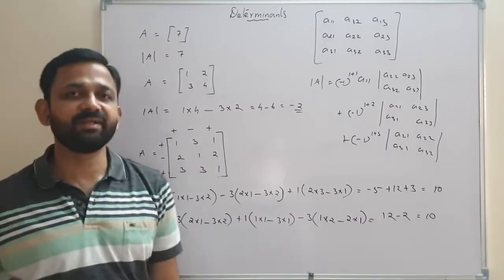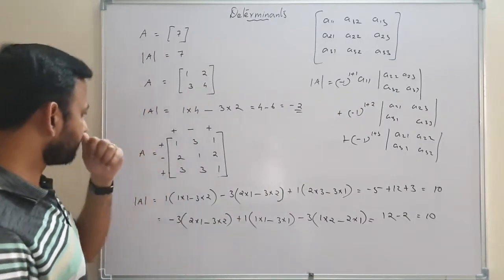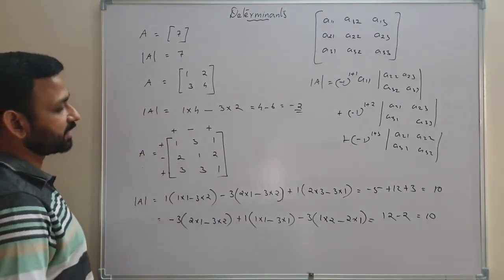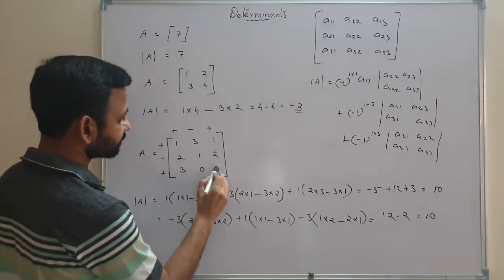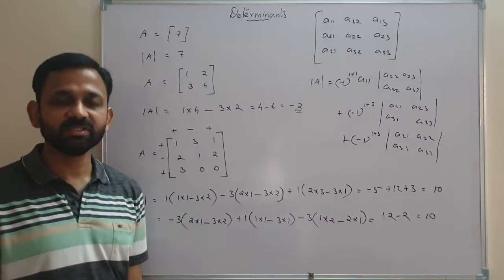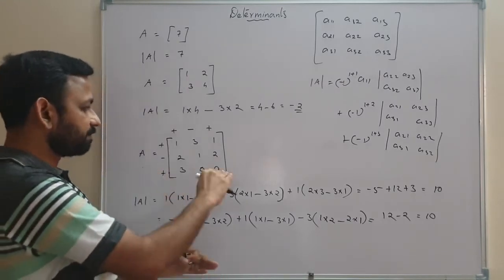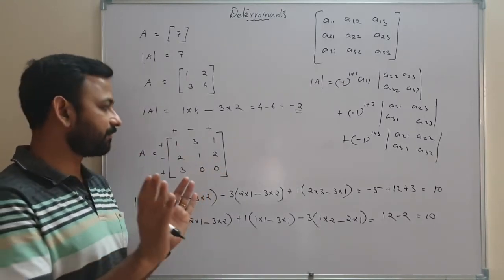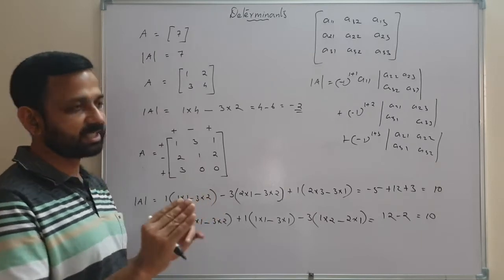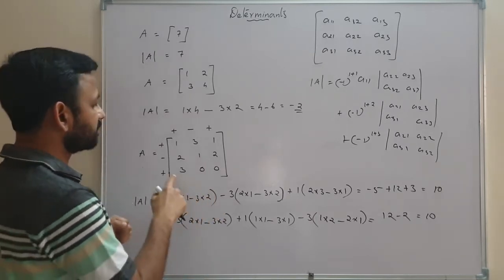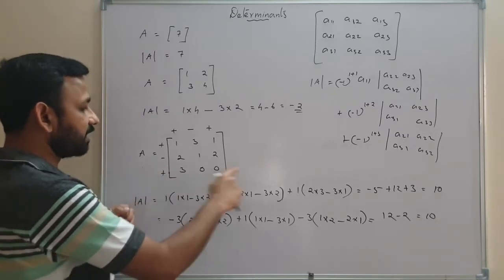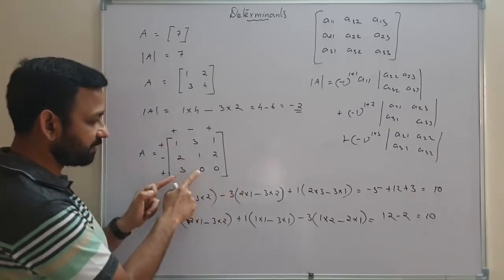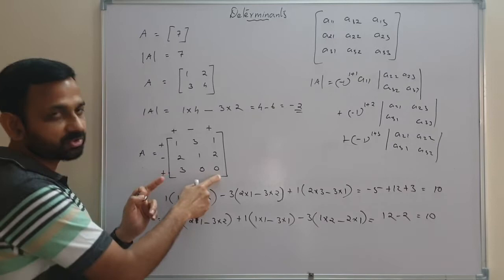Directly we will find. And here, if we have zeros in any row or any column, suppose we have 2 zeros here, then if you select that particular row or column for calculating the determinant, it will be very easy. So if we find the determinant by using the third row, the calculation will be easy, because here we have 2 zeros.